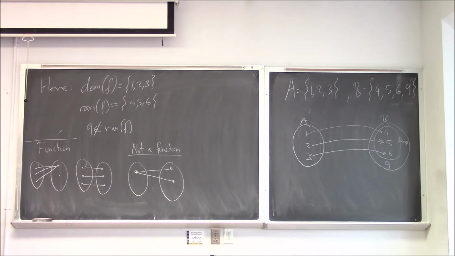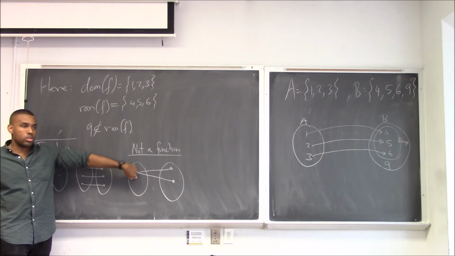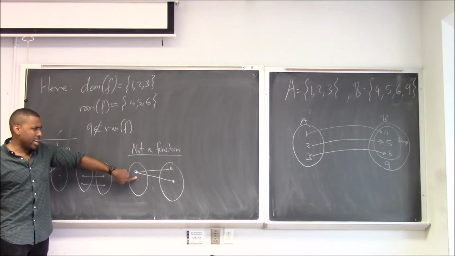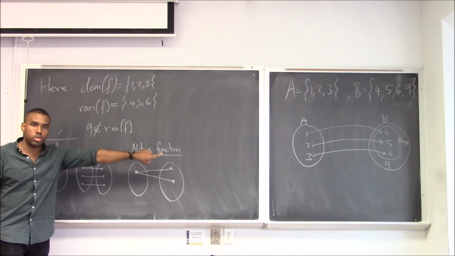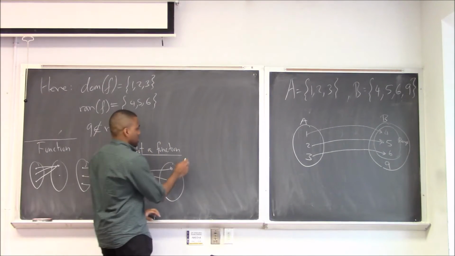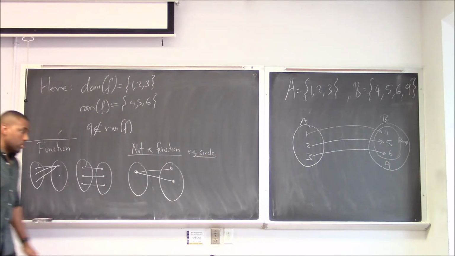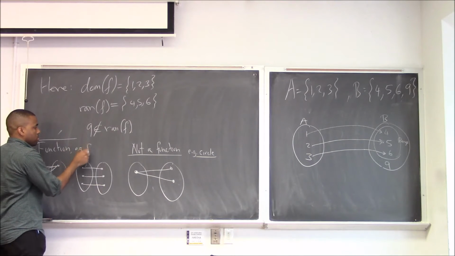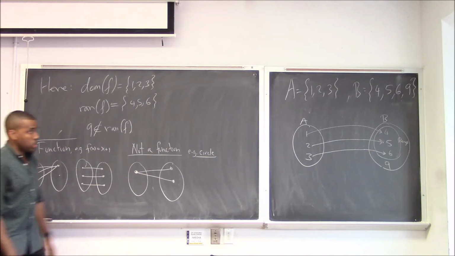A function is required to make one connection. Okay? So an example of something that would do this is a circle, right? Take the circle x squared plus y squared equals 1. Then if you plug in x equals a half, there'll be two y values that output, right? So the example here is a circle. And the example here, something like f of x equals x plus 1, which is a rule that we have here.